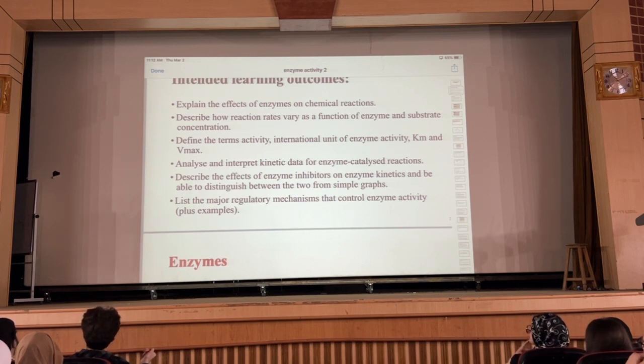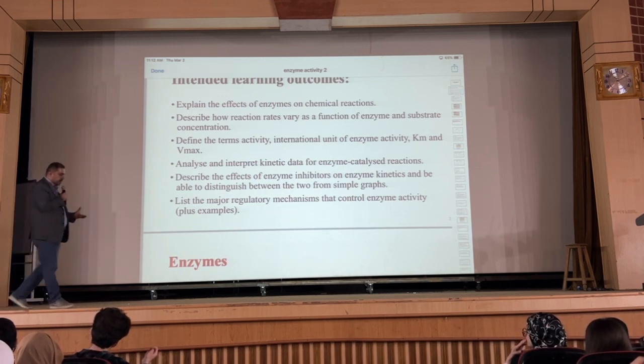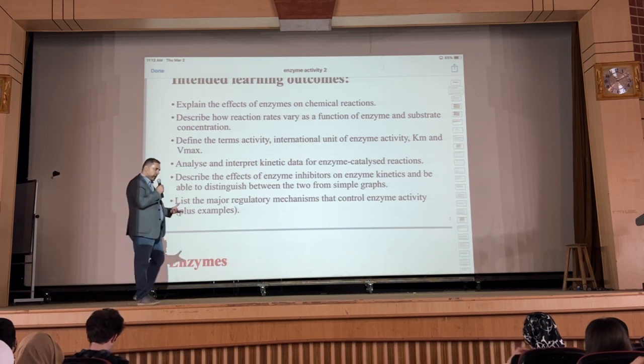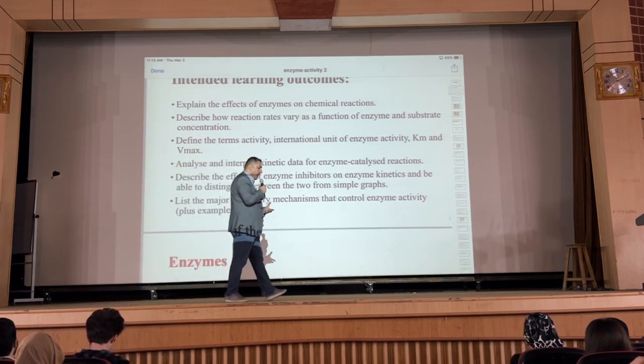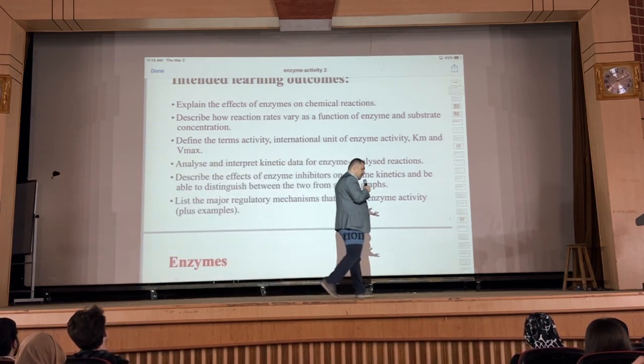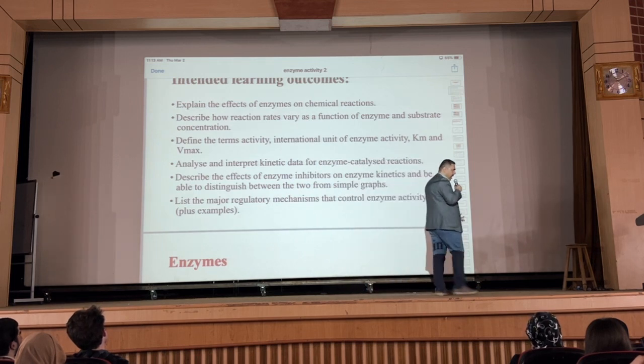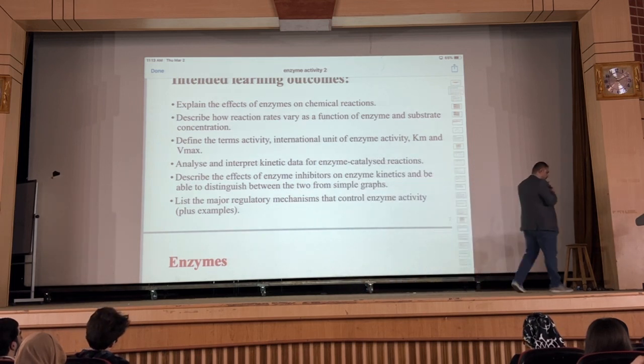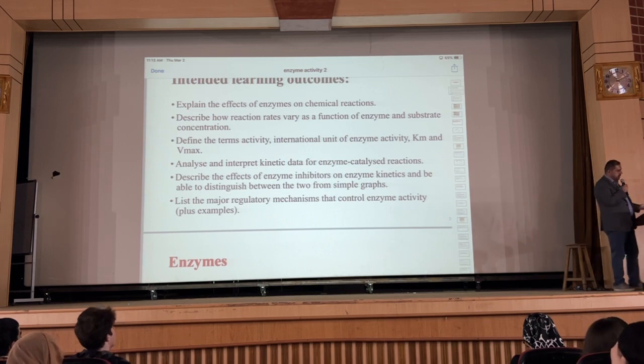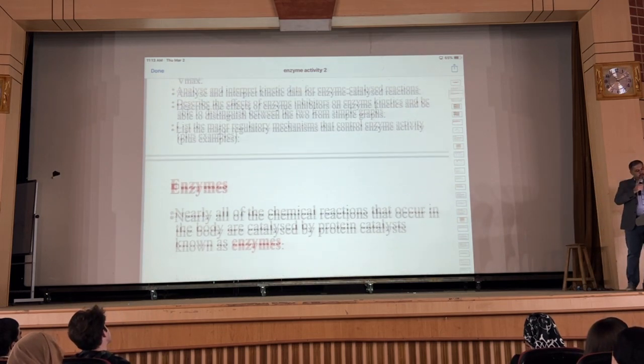How you analyze and measure enzymes, how you interpret your result, and describing how enzymes are regulated normally in our body, and from the clinical point of view, how they are inhibited or activated for clinical purposes.